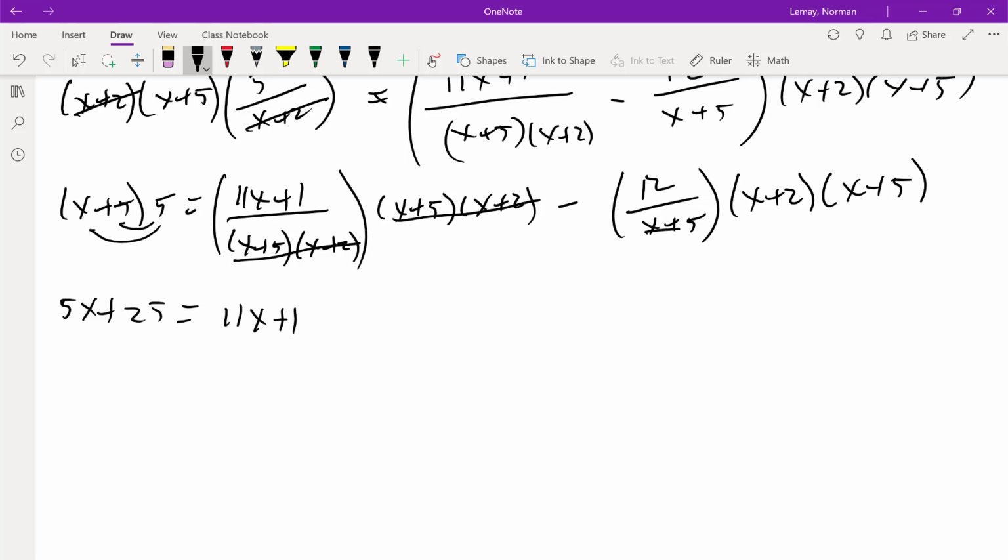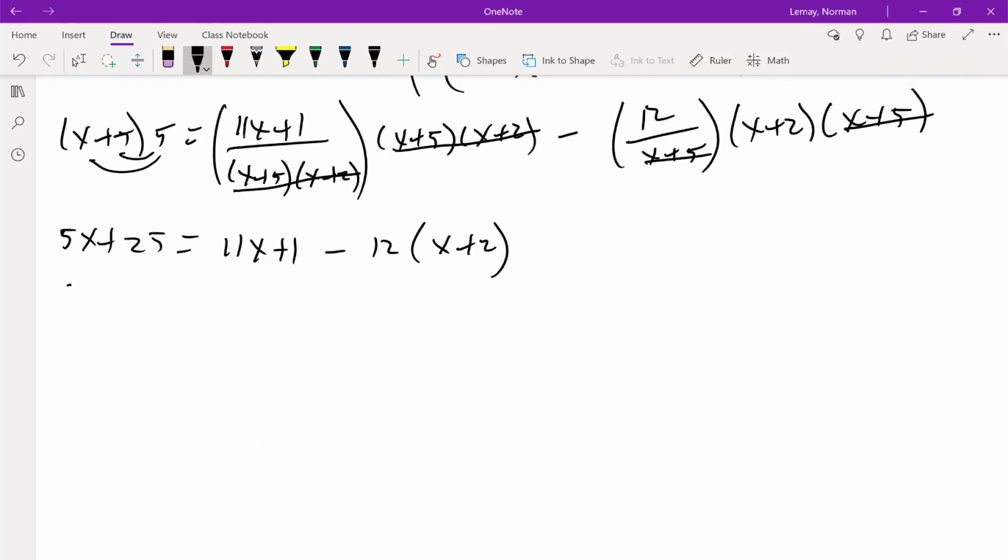And the x plus 5 cancels here, so we get a minus 12 and an x plus 2. I told you all this stuff is going to drop out and go away. So here we get 5x plus 25 equals 11x plus 1. We'll distribute the negative 12 across: minus 12x minus 24.